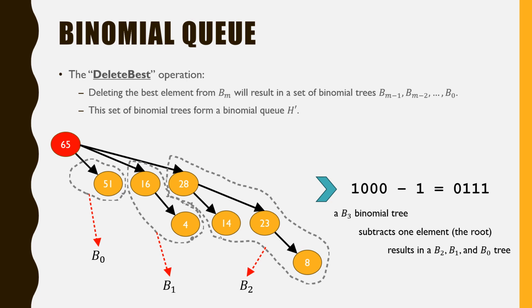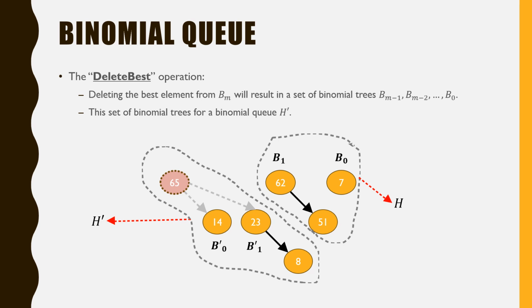Let H' denote the binomial Q formed by these resulting binomial trees after the deletion. Given this property, deleting the best element 65 from our example results in the binomial Q H' that contains the trees B'0 and B'1.